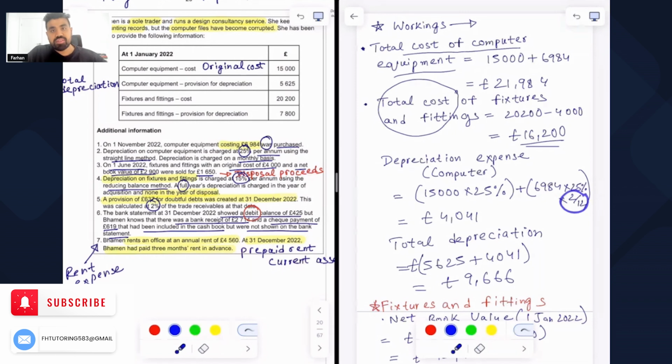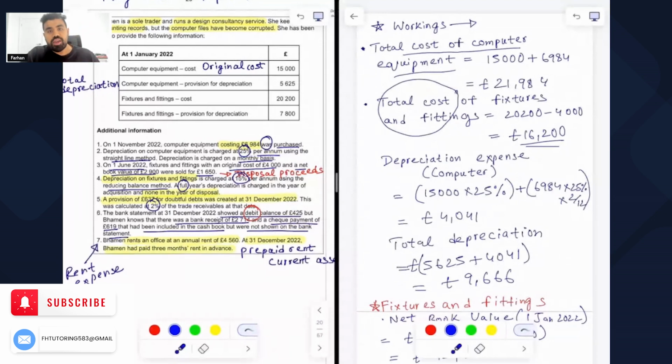Now, what that means is because the second computer was purchased on 1 November 2022, and because we're preparing the financial statement at 31 December 2022, the second batch of computers was only used for 2 months. So 25% is an annualized rate because the question clearly mentions 25% per annum.